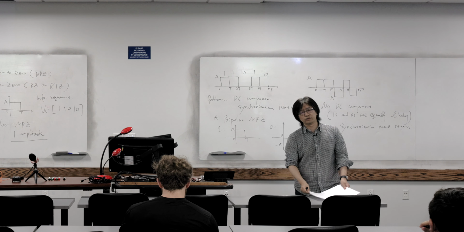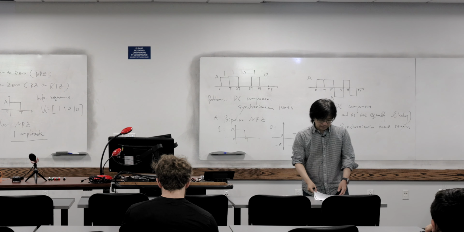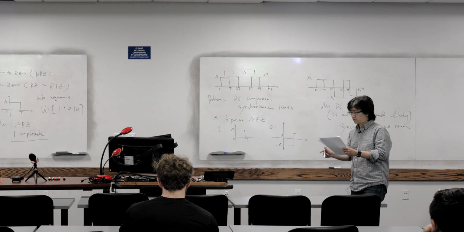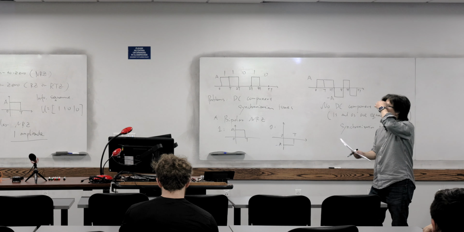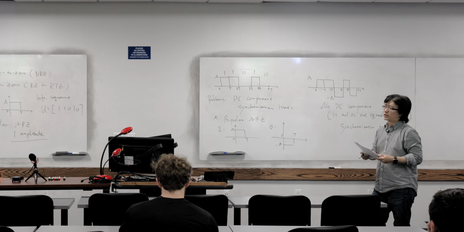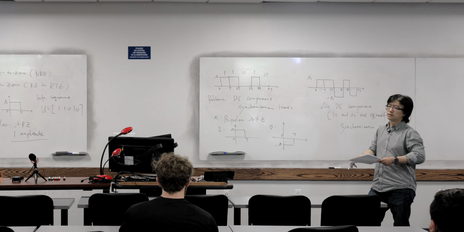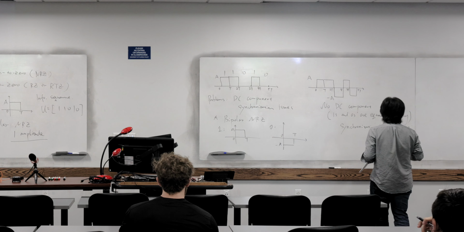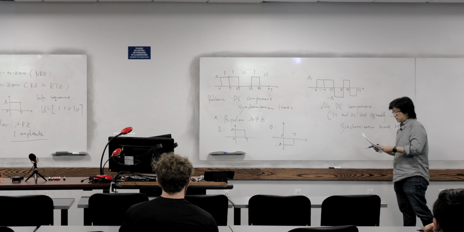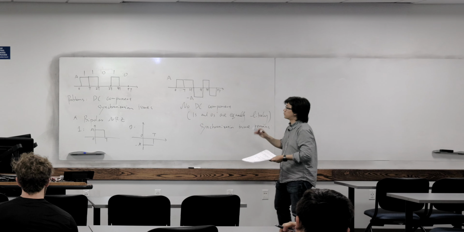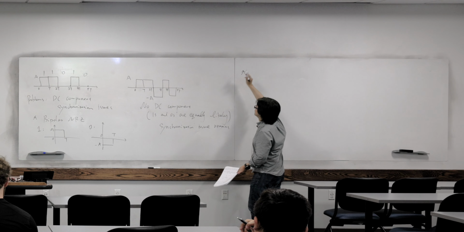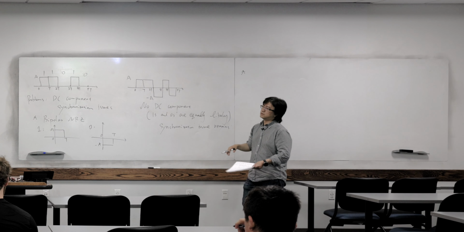Basically, in order to get rid of the synchronization issue, we need to have something different. We need to make the signal change all the time, and then we can see the pattern and see where to start. If I have a long time of 1 and a long time of 0, that's not good. So in order to deal with that, we can design something a little bit smarter.